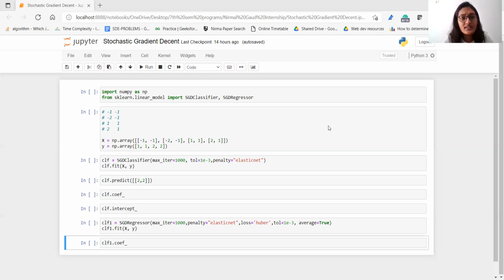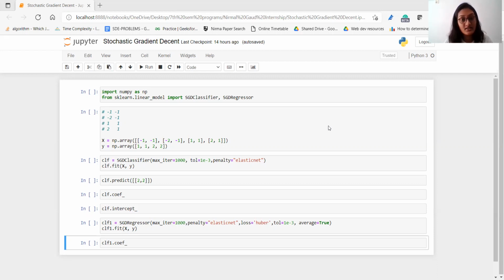Now stochastic gradient classifier basically implements a plain SGD learning routine supporting various loss functions and penalties for classification. Scikit-learn provides SGD classifier module to implement SGD classification.